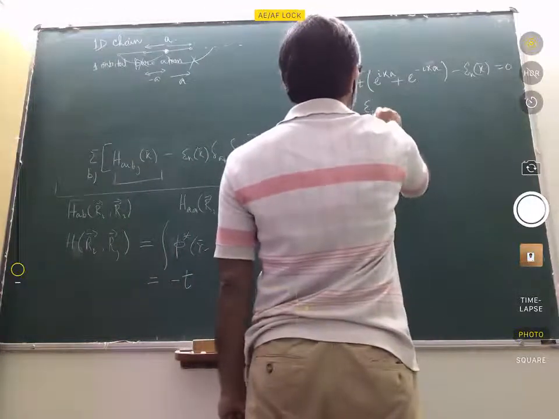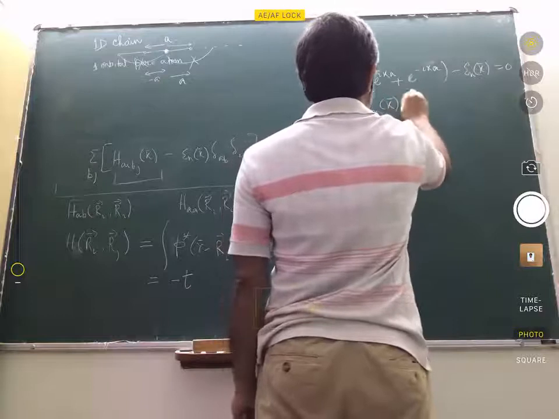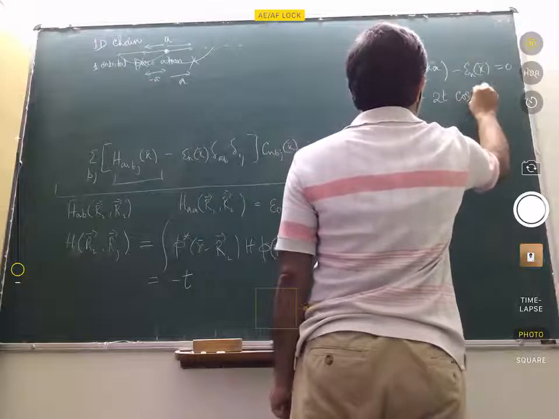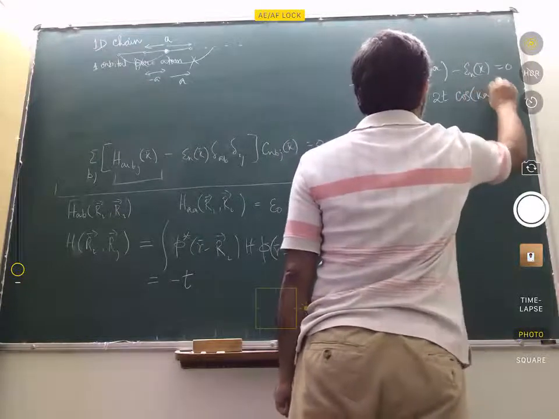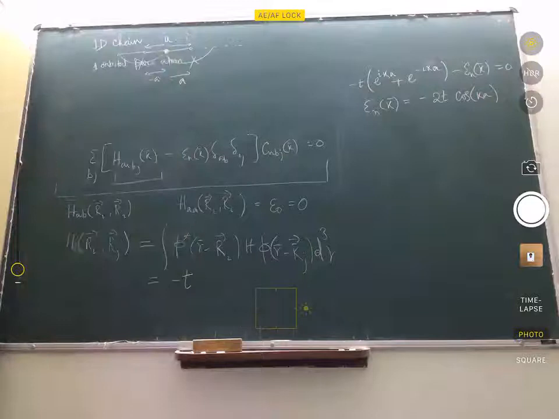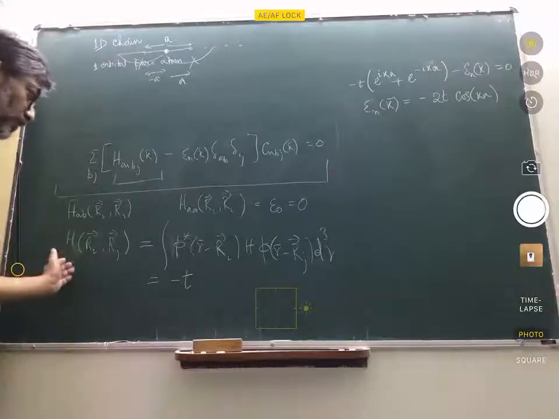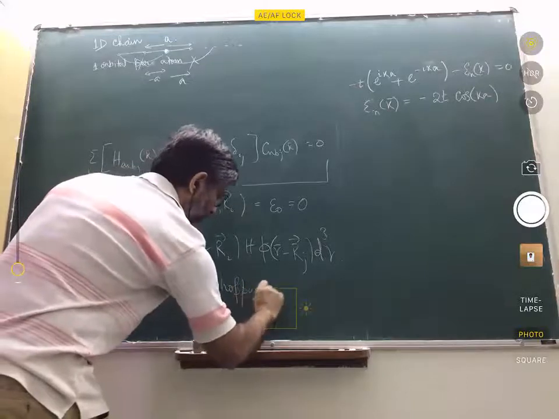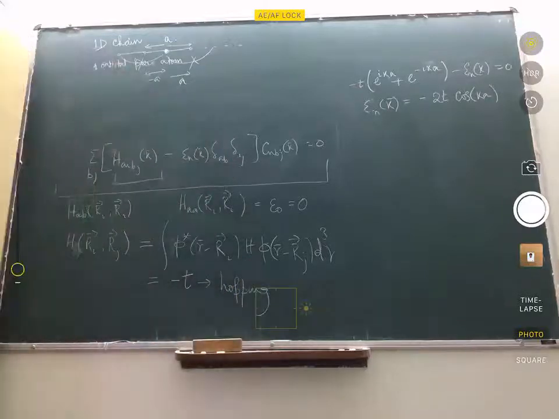So this will simply give me the band energy of a 1D tight binding model with one orbital per atom, where you have truncated your hopping terms. So these are called hopping terms, once again, to the nearest neighbors. So this is called the nearest neighbor tight binding model in 1D.